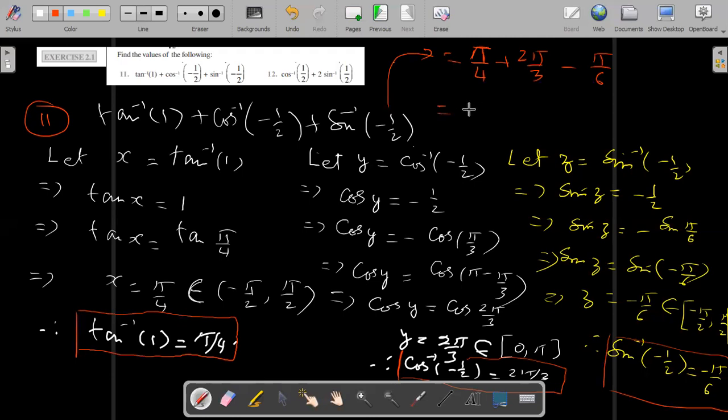LCM will be 12. 4 3s are 12, 3 4s are 12, 2 6s are 12, so we get 9 pi by 12. 9 pi by 12 is the answer, and it is divisible by 3: 3 3s are 9, 3 4s are 12, so 3 pi by 4. You got it?